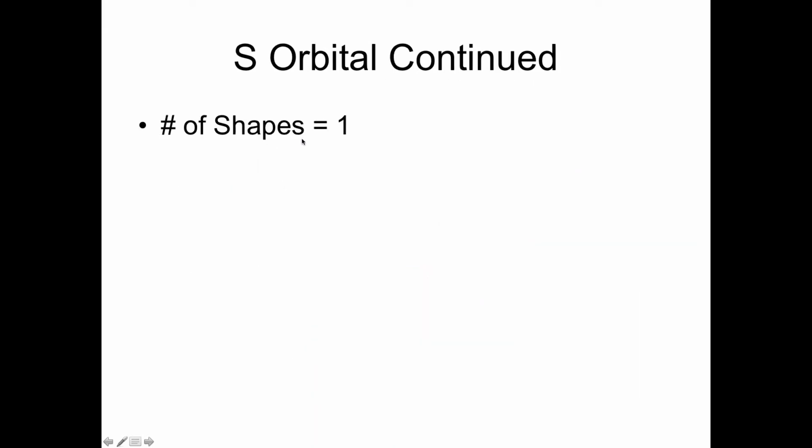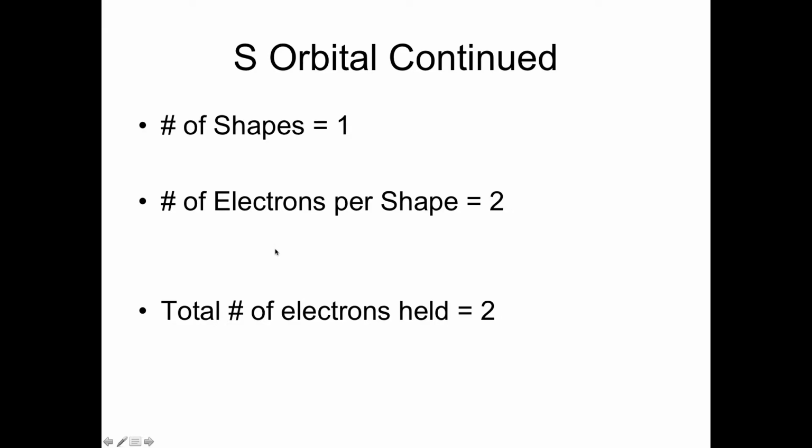So the number of shapes that S has is 1. Each one is represented by one single sphere. In that sphere, I can hold 2 electrons. So since there is one shape in S, and each shape holds 2, the grand total of electrons I can hold in S is 2 electrons.